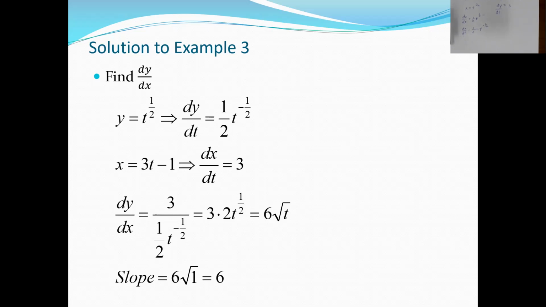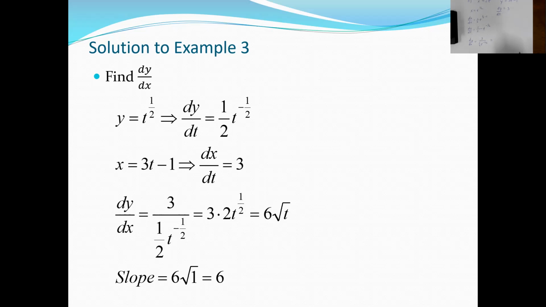So if I do my actual derivative, dy dx, it's going to be dy dt, which is 3, divided by 1/2 t to the negative 1/2.